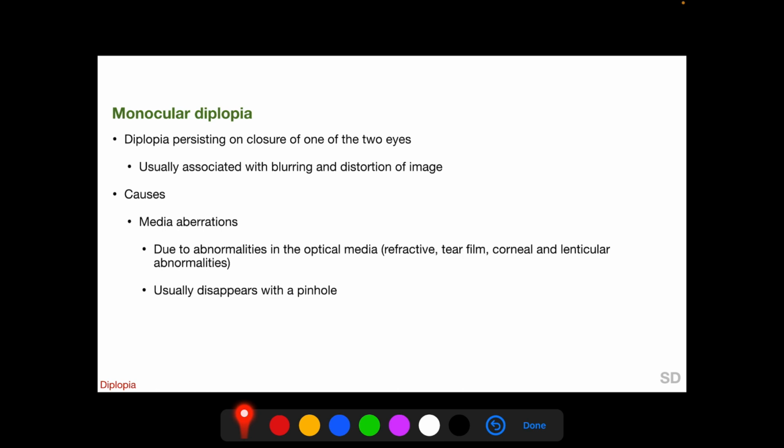The causes of monocular diplopia include media aberrations due to abnormalities in the optical media, and the aberrations can be refractive or can be tear film, corneal and lenticular abnormalities. And monocular diplopia due to media aberrations usually disappears or subsides with a pinhole.